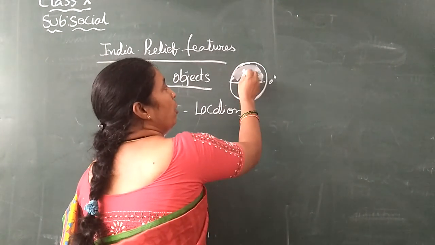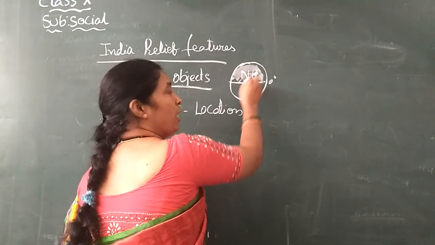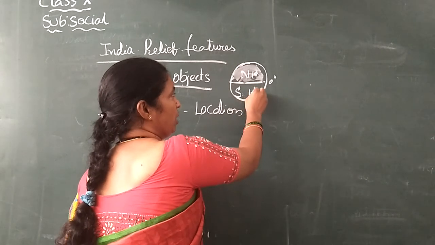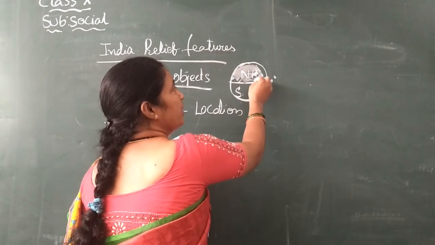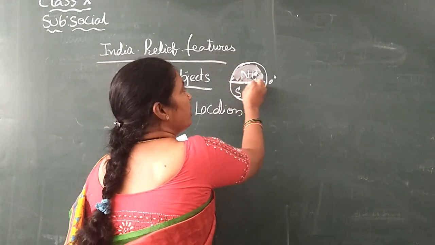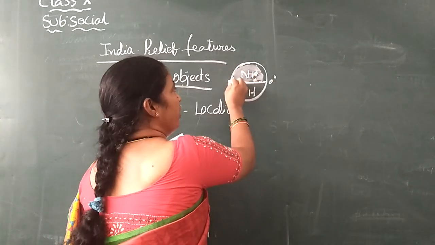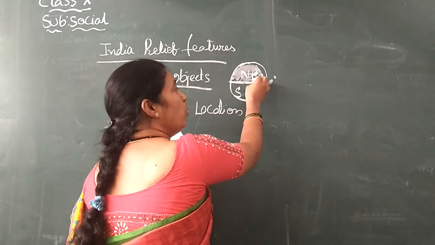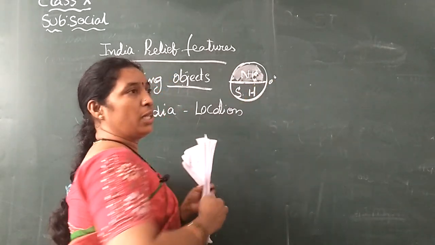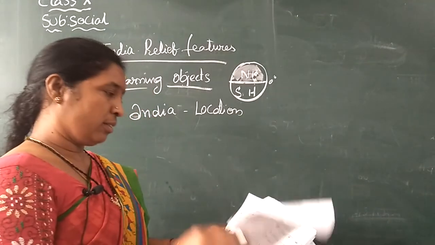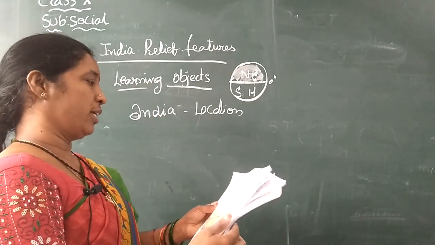This is the northern hemisphere and this is the southern hemisphere. India lies somewhere here, above the equator. That means in the northern hemisphere, India lies with evergreen forests and all.